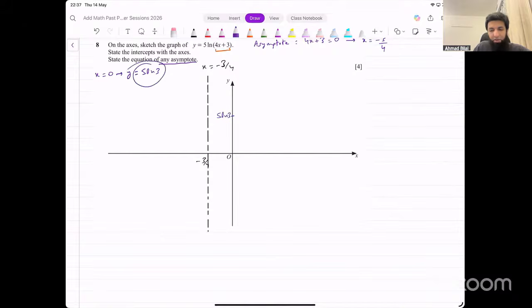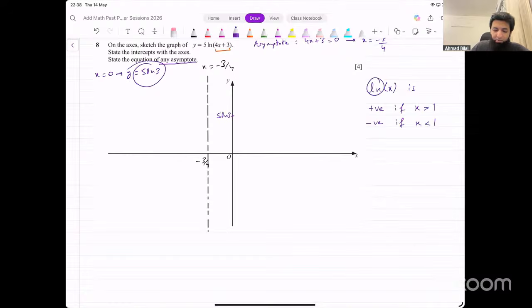Now, how do we know it's a positive number, by the way? Log of something could be negative as well. How are we sure that this is positive? Ln x is positive if x is greater than 1, and it's negative if x is less than 1.